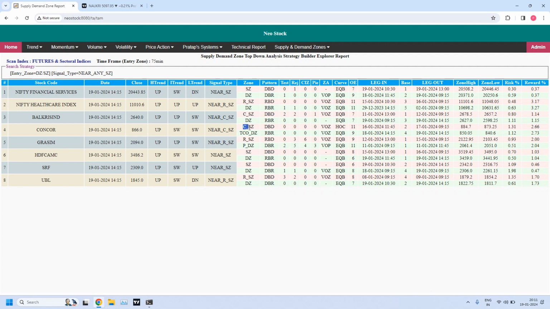Conquer is a high liquidity supply zone, a fresh zone. Grasim is there, but already having 3 rejections, even though 0 tests. And UBL is also there. It is already tested 3 times. So these are the high liquidity 75-minute supply zones.